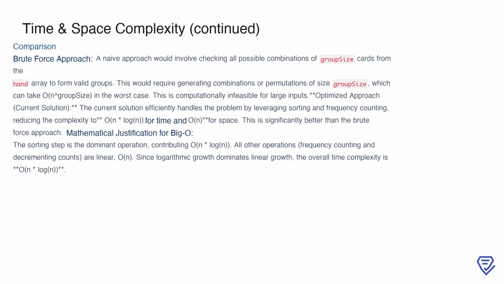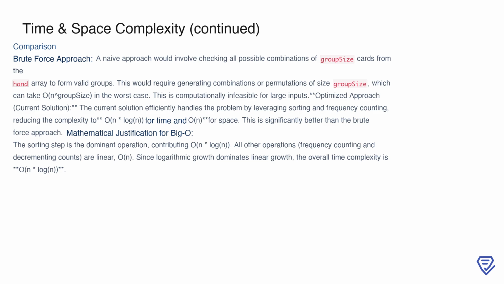To better understand the efficiency of the current solution, let's compare it with a brute force approach. A naive method might involve generating all possible combinations of group-size cards from the hand array to check for valid groups. This would require exploring combinations or permutations of group size, leading to a time complexity of O(n^group size) in the worst case. Such an approach becomes computationally infeasible for large inputs.